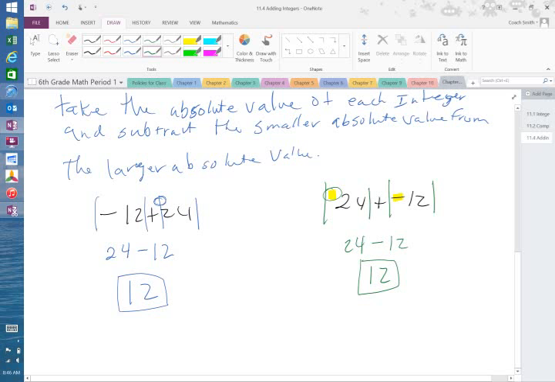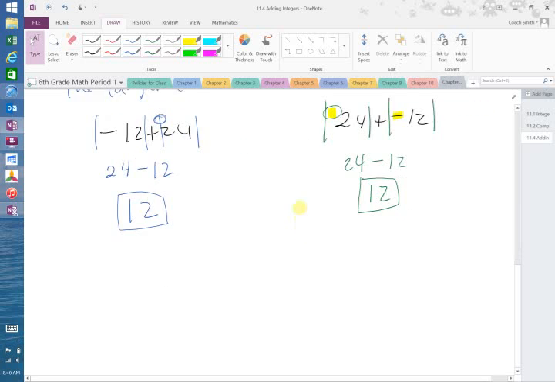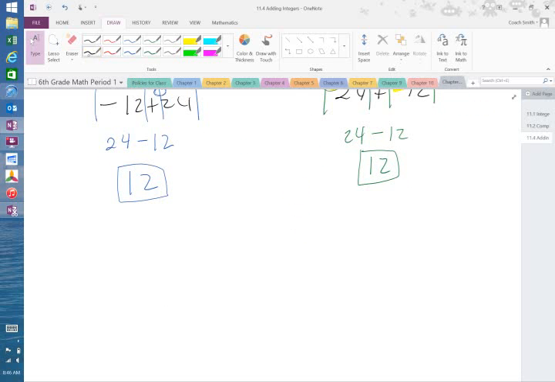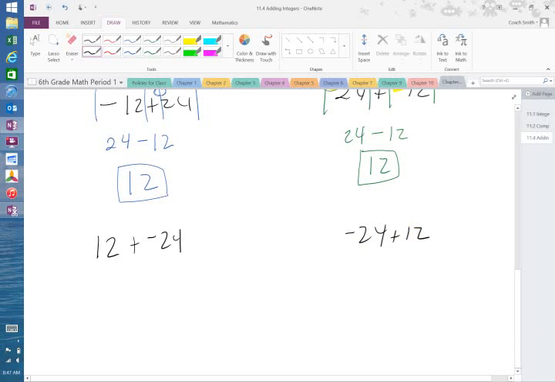Okay, now let's reverse the problem. What I mean by reversing it, let's have positive 12 plus negative 24 and negative 24 plus positive 12. Okay, the process doesn't change. I still do the same thing.